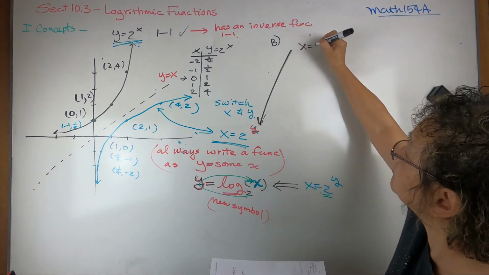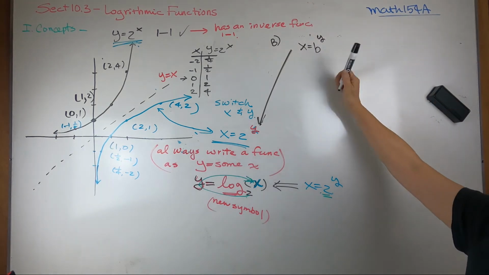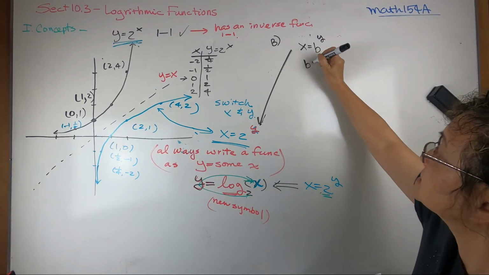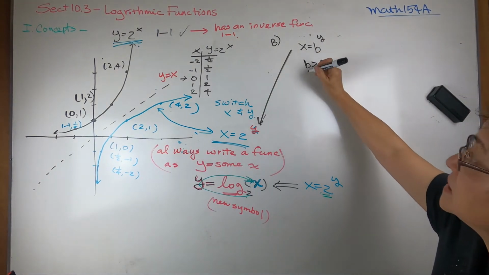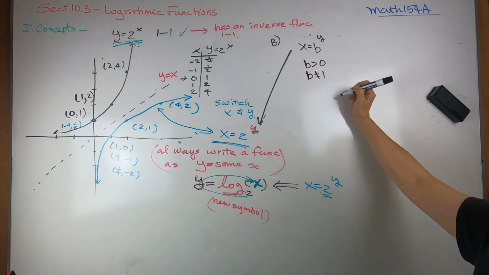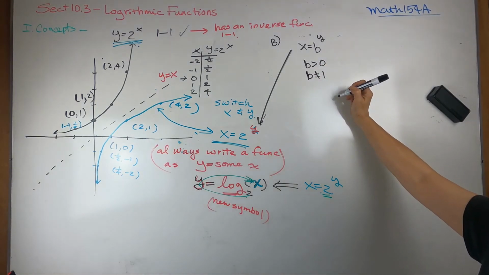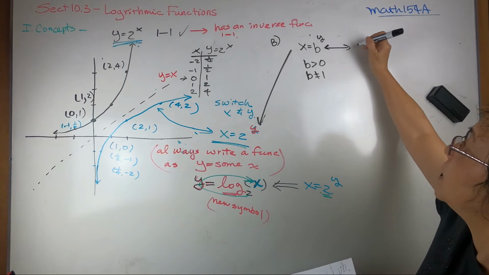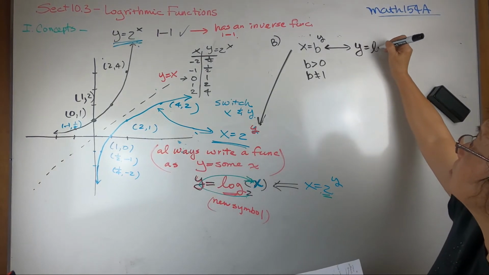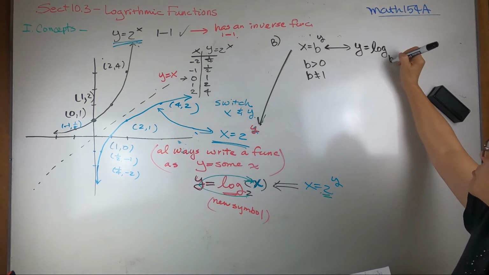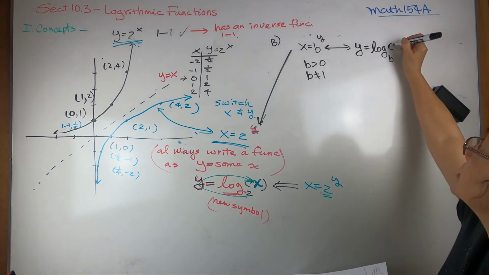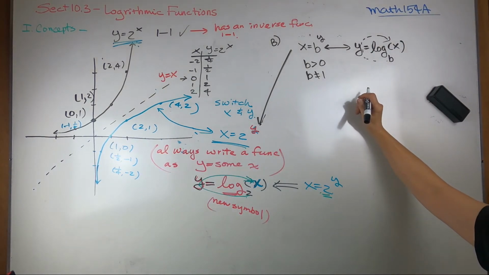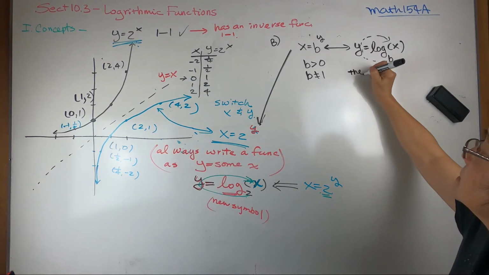So if I have x equals b to the y power, right? Then we say the base has to be bigger than 0. We don't use negative there. We don't use 1 there. Okay? And if we write y equals some x, we write y equals log, right? Base b, the result is x. So you do the hooking like this.